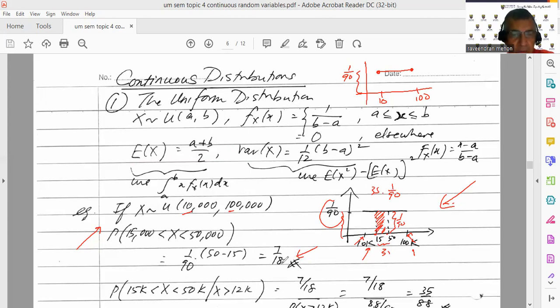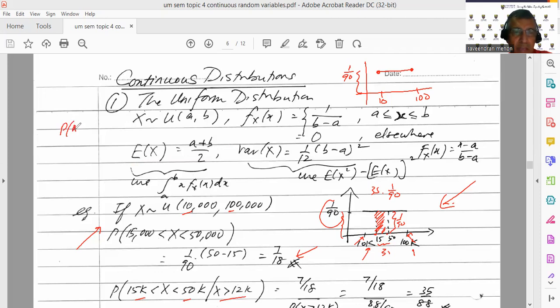Now they've asked you to work a conditional probability: the probability X lies between 15 and 50 given that X is bigger than 12. The idea behind conditional probability we have spoken about quite a few times.